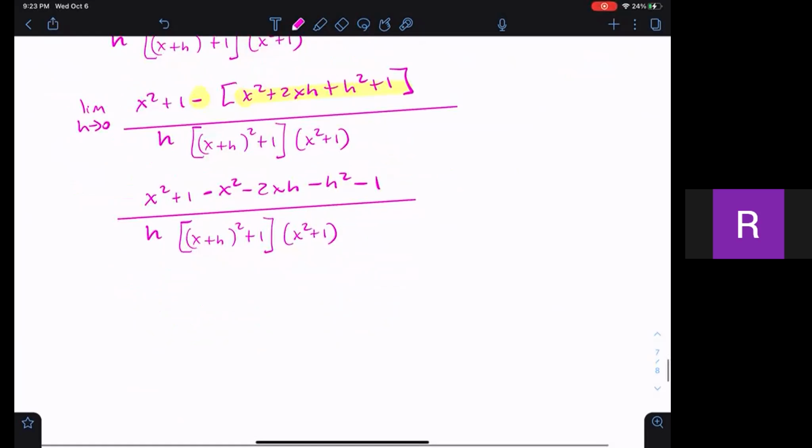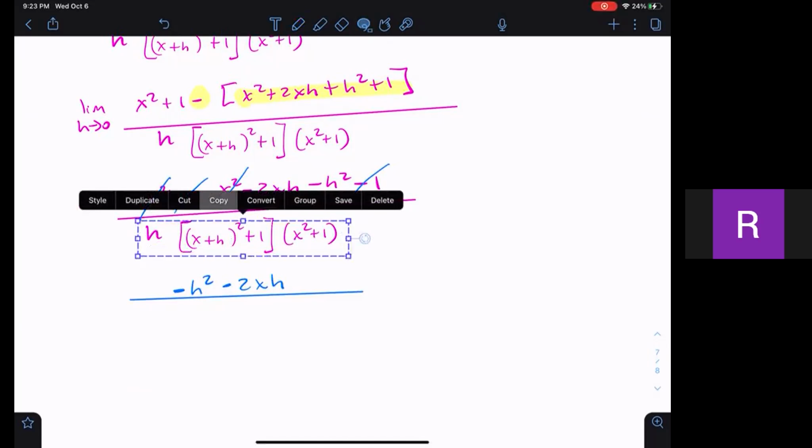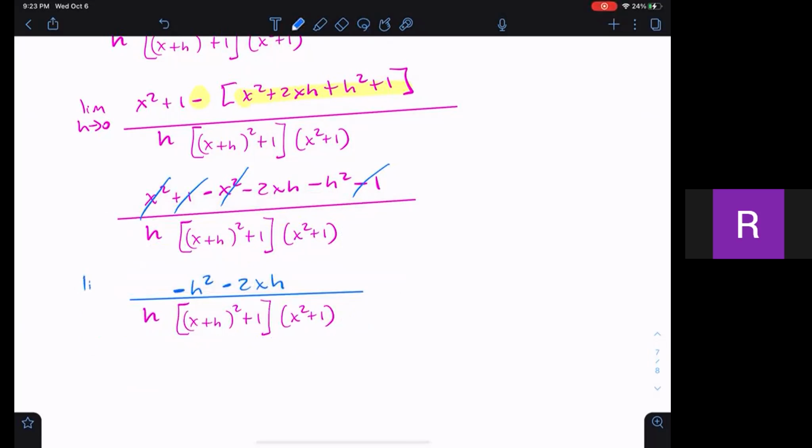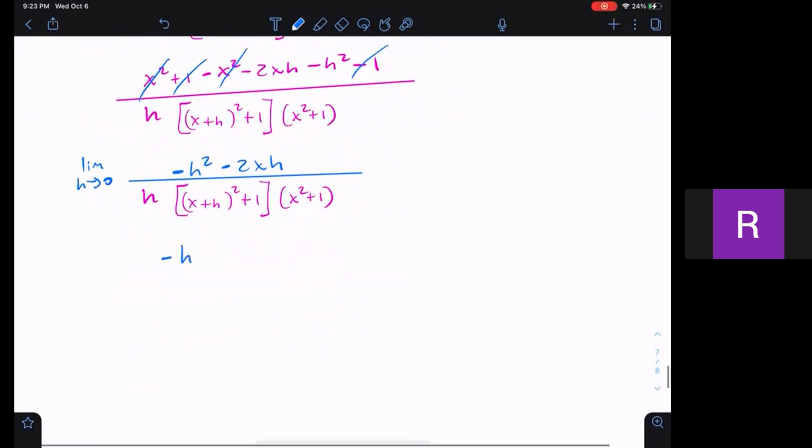Now these cancel: x squared cancels with that, the 1 cancels with that. So we get negative h squared minus 2xh over this mumble jumble in the denominator. Limit as h approaches 0. Okay, so we need to factor out the negative h. We get h minus, actually plus, right? Plus 2x.